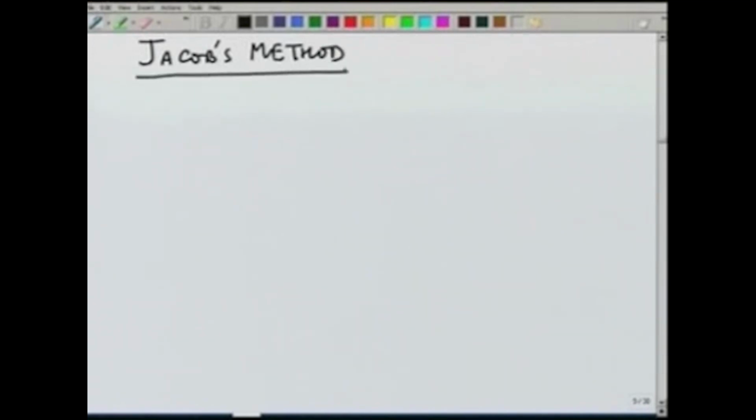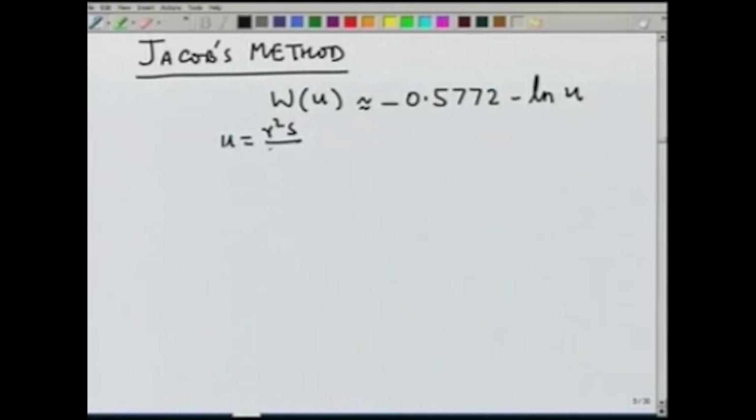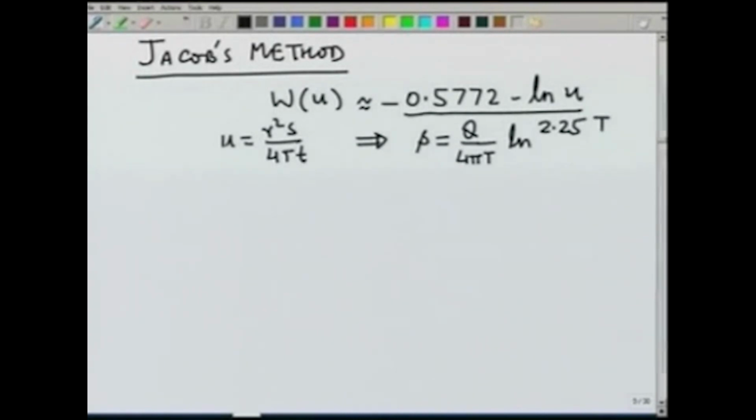So, in the Jacobs method, as we have discussed, we use the approximation that W(u) is approximated by this, and since u is r square s over 4 t t, it gives us the value of the drawdown S as q over 4 pi t, W(u), which is approximated by this, and it can be written as natural log of 2.25 t over r square S, where this 2.25 comes from this factor of 0.5772.